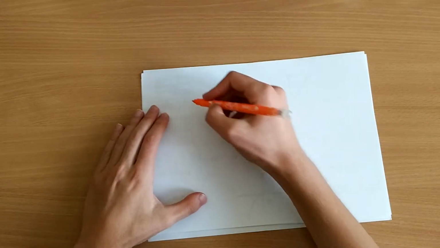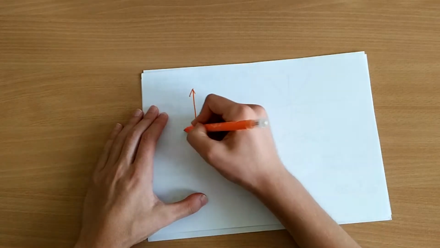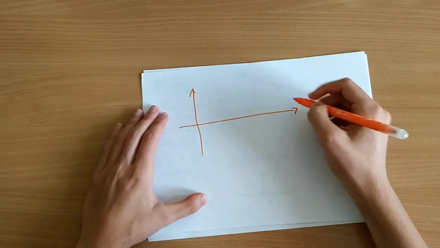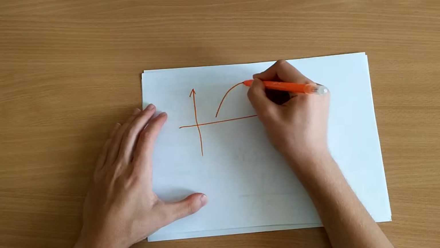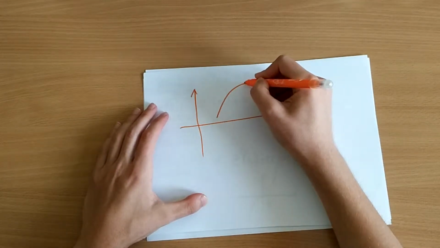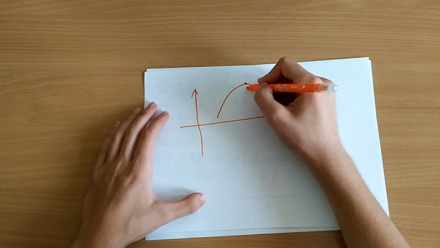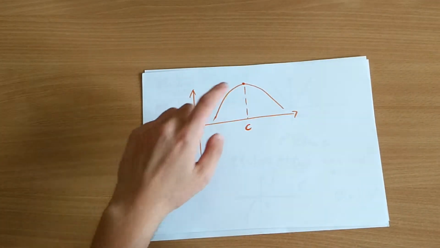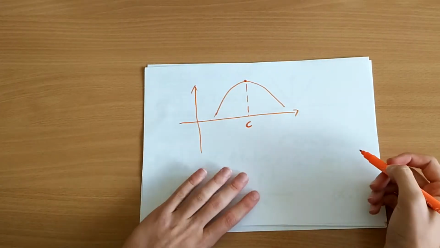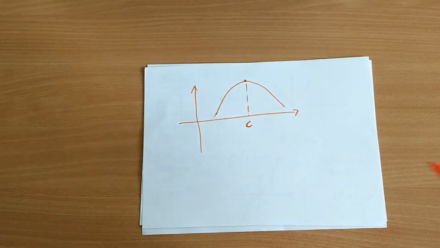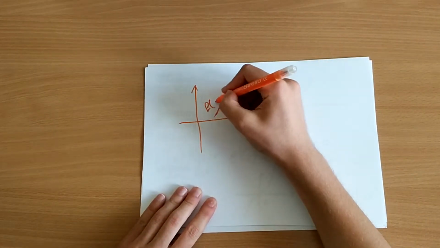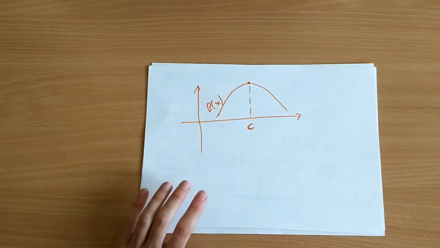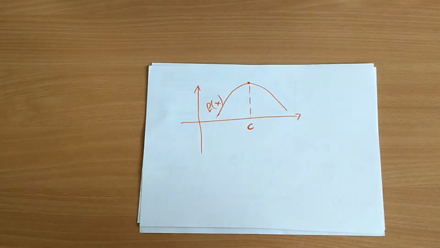So let's say we have a coordinate system here, and we have a function something like this, and around here this is the point c. Obviously this is a local maximum point, since the value f of c is bigger than any other value f of x in the domain.